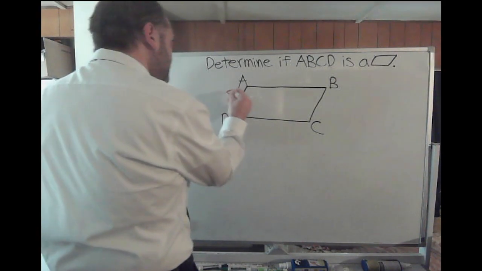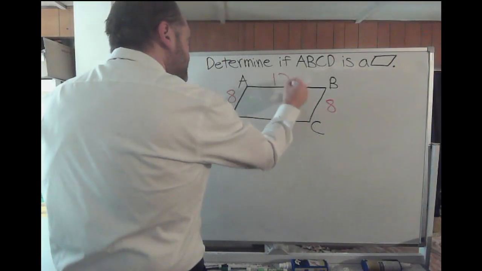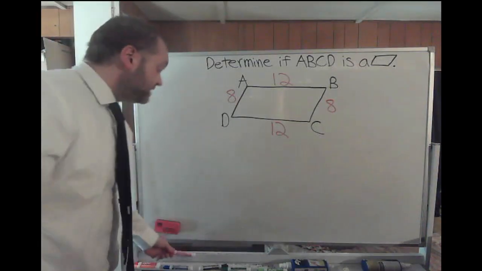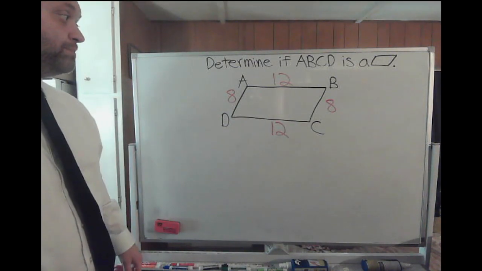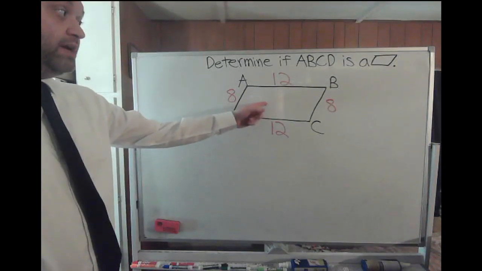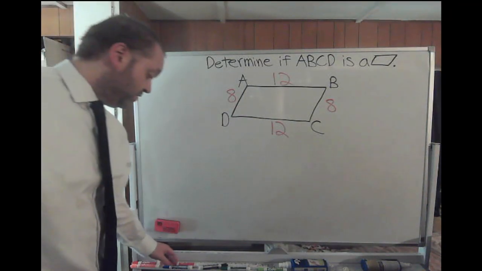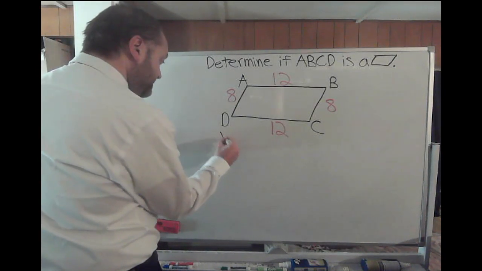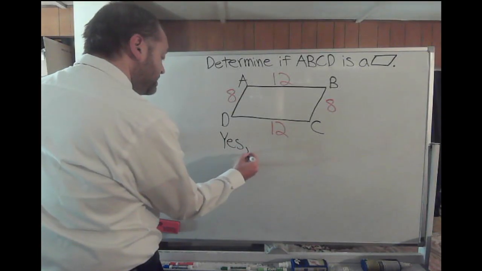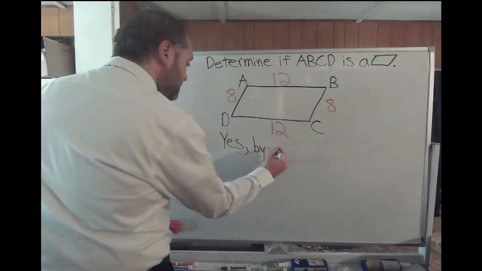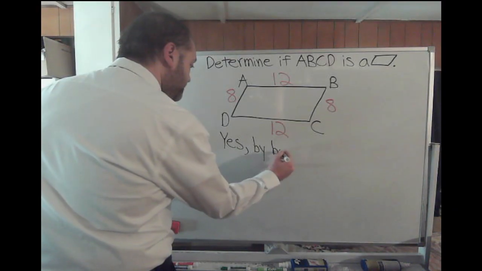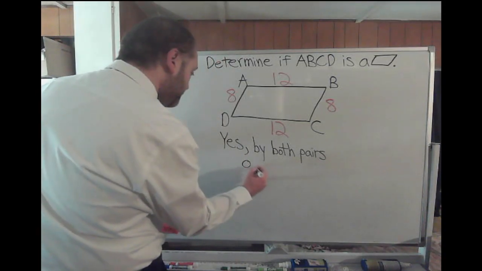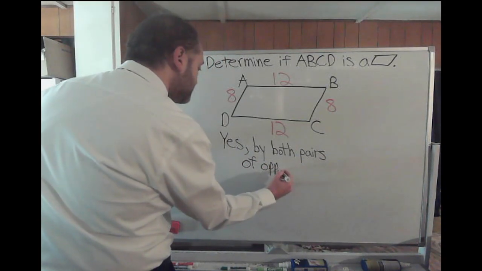See, this side has length 8, so does this side. This side has length 12, and so does this side. Okay. So let's look at quadrilateral ABCD. Immediately we notice that both pairs of opposite sides are congruent to each other. So the answer is yes, this is a parallelogram by both pairs of opposite sides congruent.